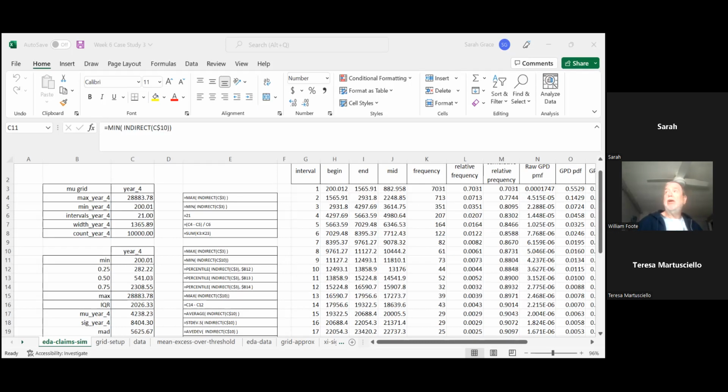Sarah and Teresa are allowing us to work with their sheets directly, and let's see how far we can go with this.